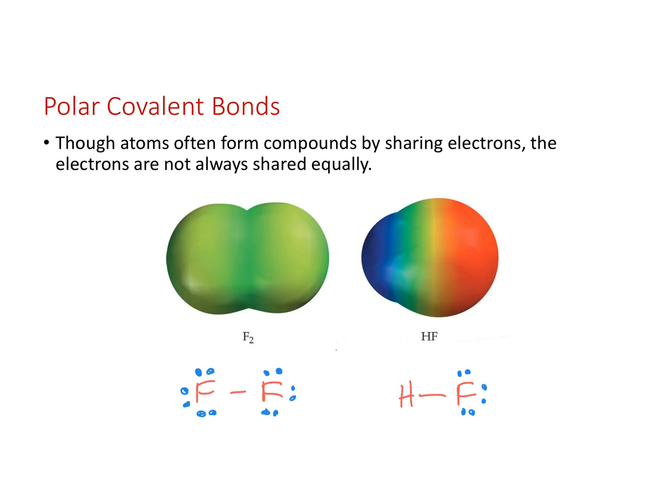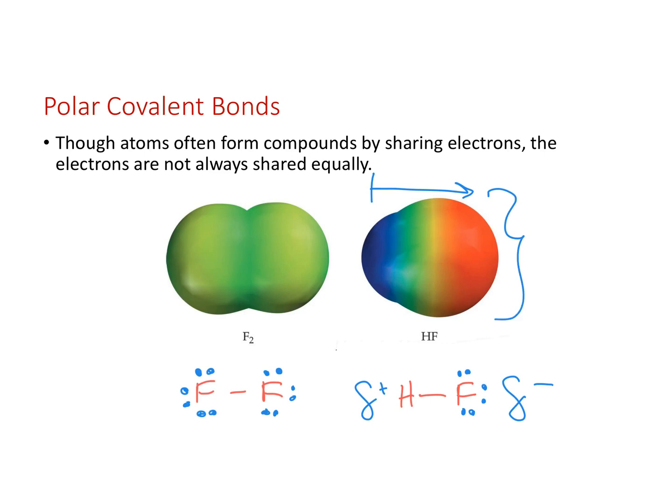That's much different in hydrogen fluoride, where fluorine is much more electronegative than hydrogen. So as a result, I'm going to have much more electron density on the fluorine. And we see that in this image. The red color of this diagram indicates a much larger electron density on this side of the molecule.